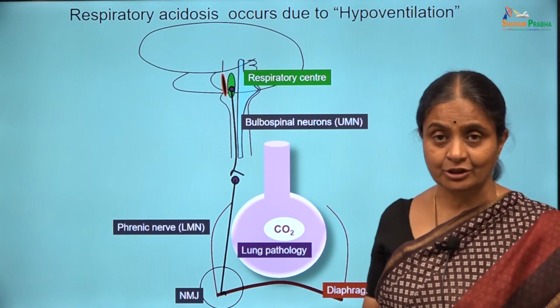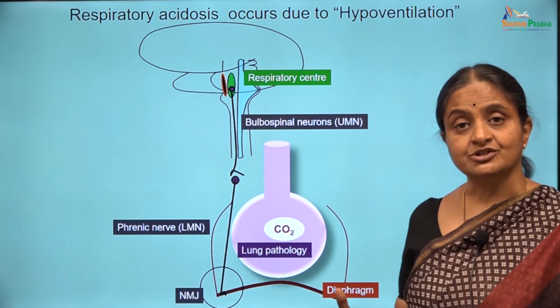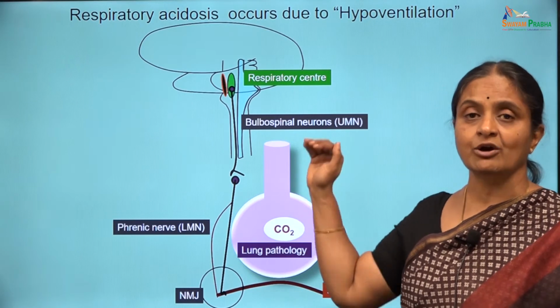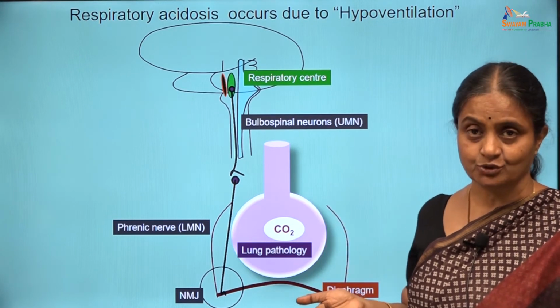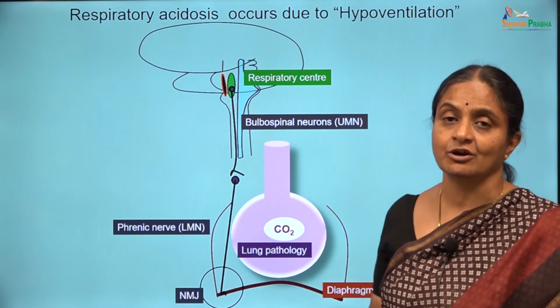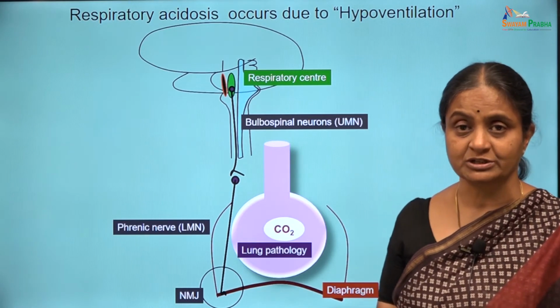So, not all lung pathologies will affect transport of both gases. There are only some lung pathologies where carbon dioxide would have gone up, respiratory acidosis, and in all those cases there will be a reduction in arterial oxygen, which is what we call type 2 respiratory failure.